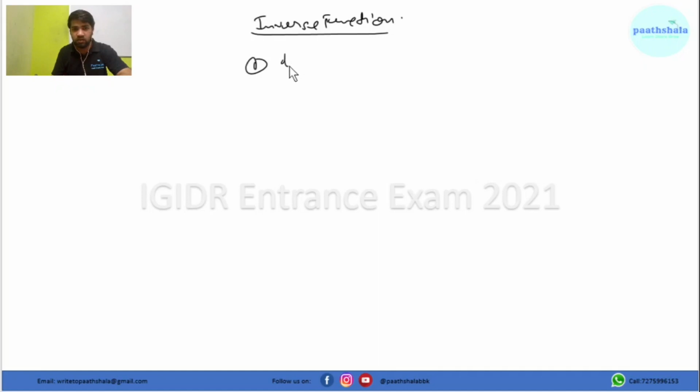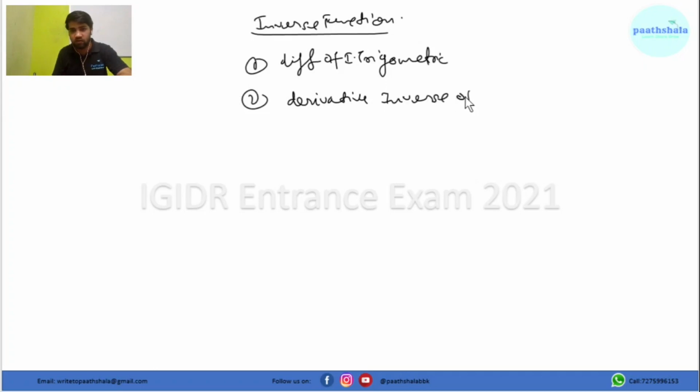One is from differentiation of inverse trigonometric functions, and the second could be finding the derivative of the inverse of the given function. I'll discuss both in detail. First I'll discuss differentiation of inverse trigonometric functions.